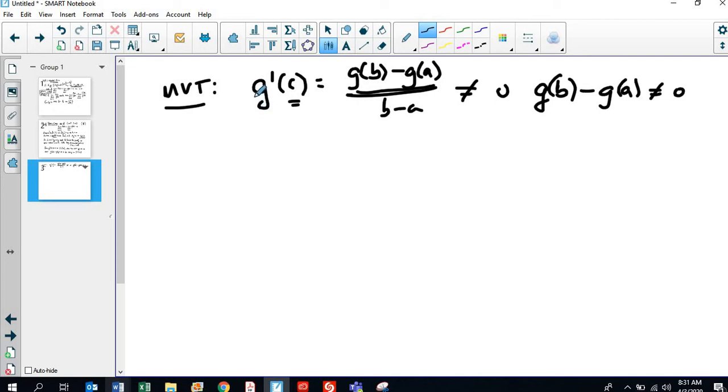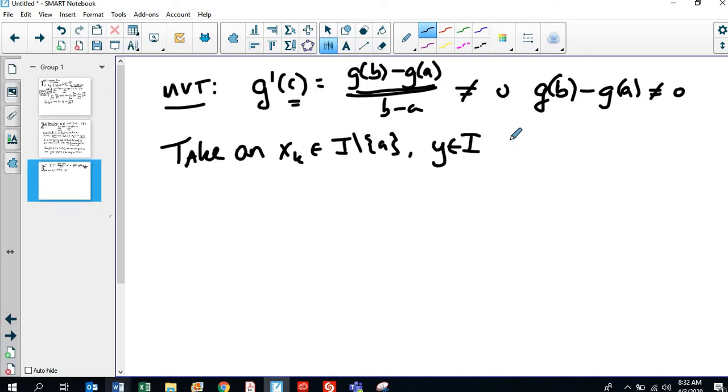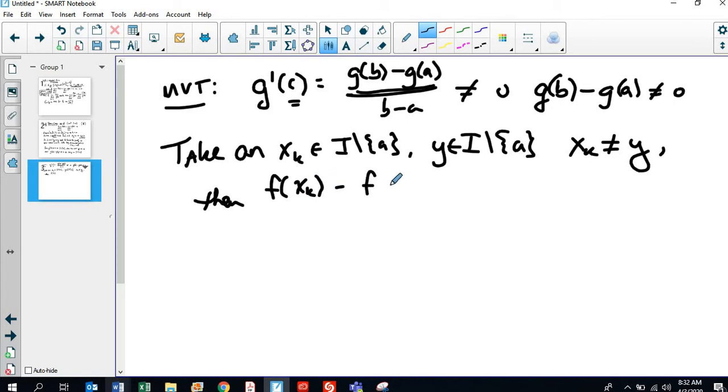All right, so here's the idea. If I take an x sub k in I minus a and a y in I minus a, x sub k not equal to y, then I can look at f of x sub k minus f of y over g of x sub k minus g of y.